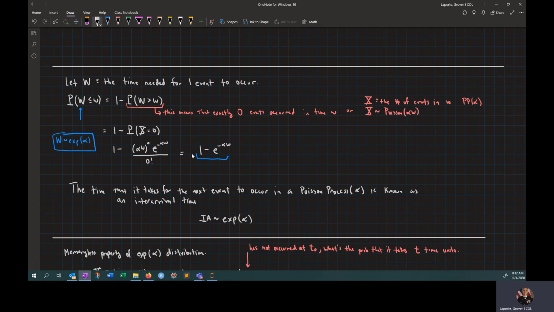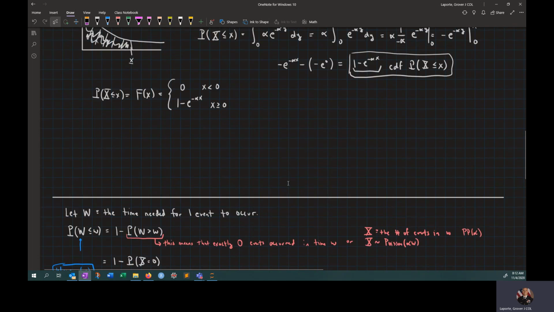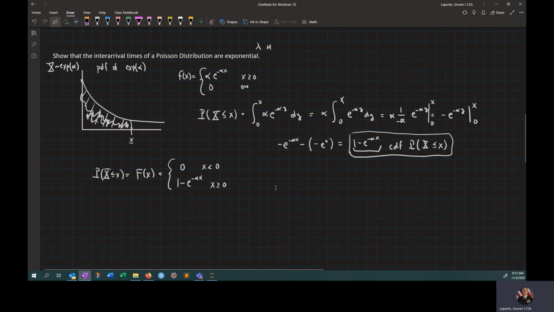Okay, so that's what I wanted to get out there. You might have to worry about how this parameter is described. In some cases it's going to be alpha, and in some books they will describe the exponential distribution as 1 over lambda e to the negative 1 over lambda x, when x is greater than or equal to 0 and 0 otherwise.